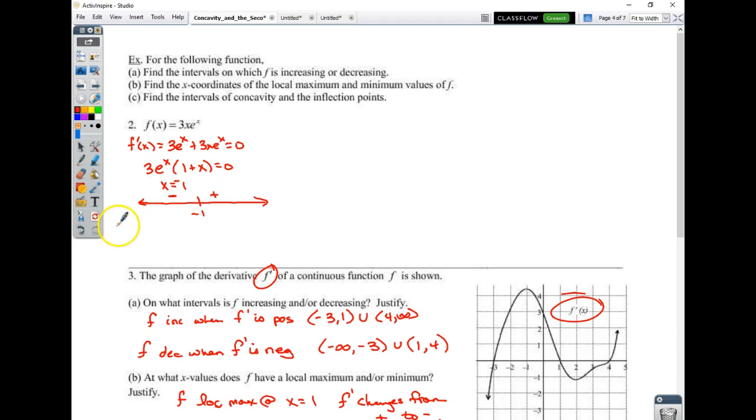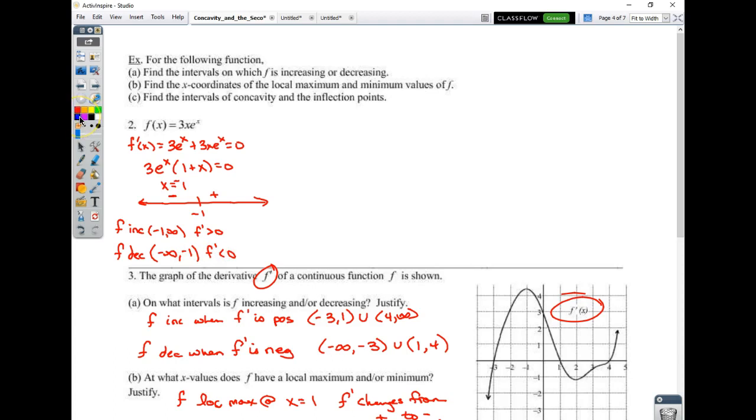So this is kind of nice because that means f increases on negative 1 to infinity since f prime is positive. And we can say f decreases from negative infinity to negative 1 since f prime is negative.